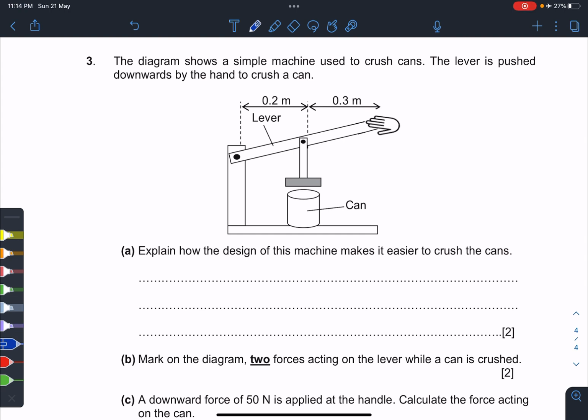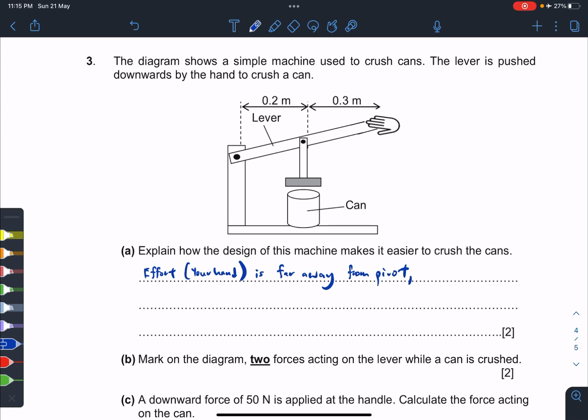So the first thing I'm looking out for is the effort. Basically, your hand, we call it effort, is far away from the pivot. Like literally from one end to the other end. So the effort, which is your hand, is far away.